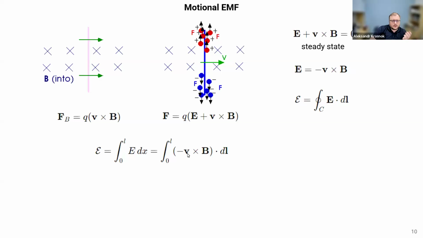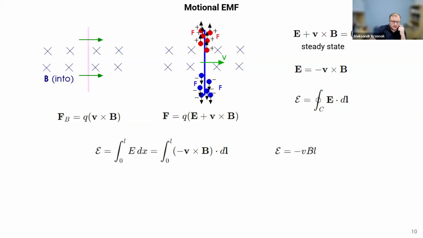We'll get this integral for this particular case, and the result of this integration, since the velocity is constant and the magnetic field is constant, so everything is constant, and the integral from 0 to L is just the length of the wire. We come to this, I guess, known formula even from high school, right?